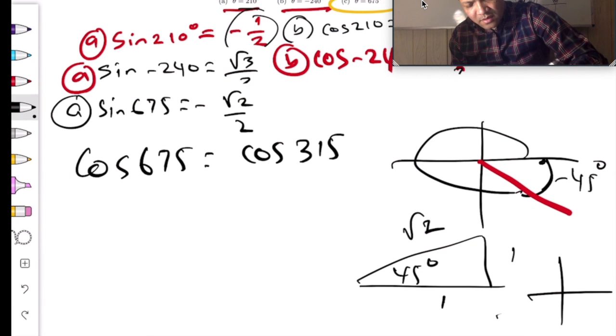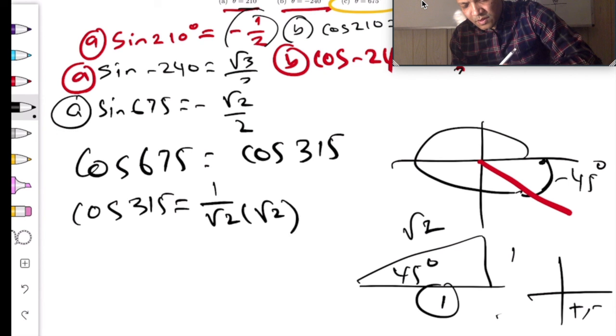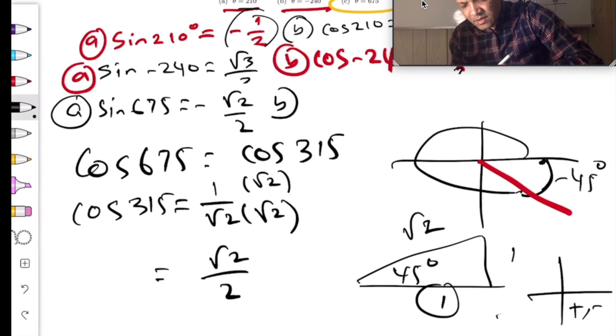In this quadrant, cosine is positive, sine is negative. So now we are talking about the cosine. So this is positive. So cosine 315 is equal to x over r. So x is 1, r is square root of 2. So square root of 2 and square root of 2. So that would be square root of 2 over 2. So b, cosine 675, is square root of 2 over 2.